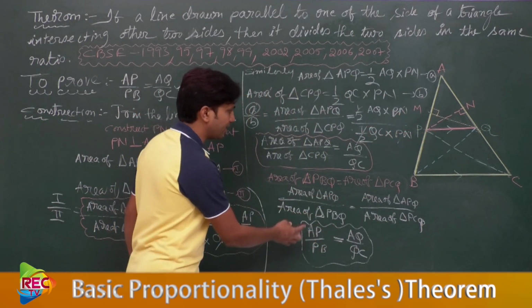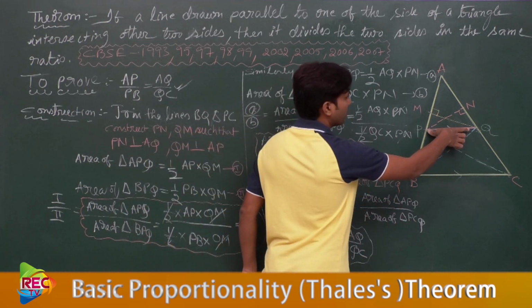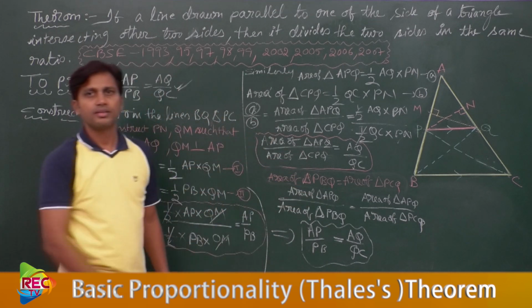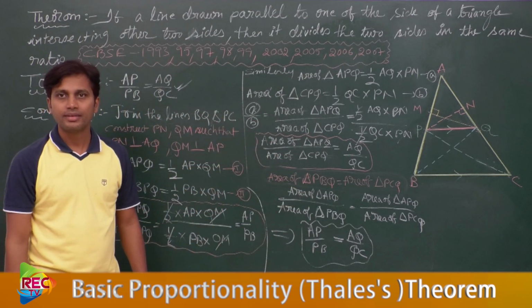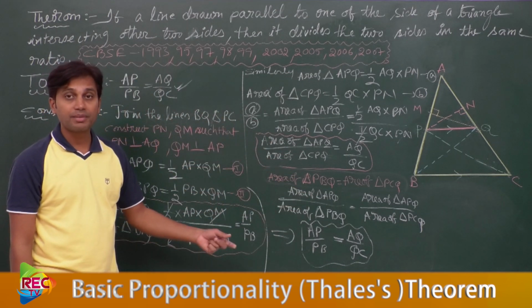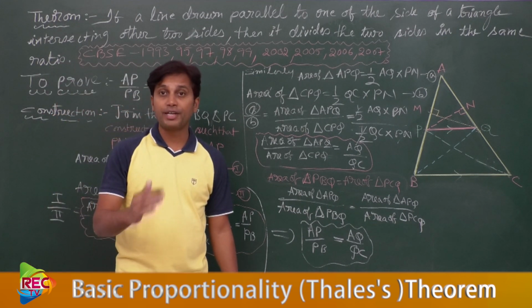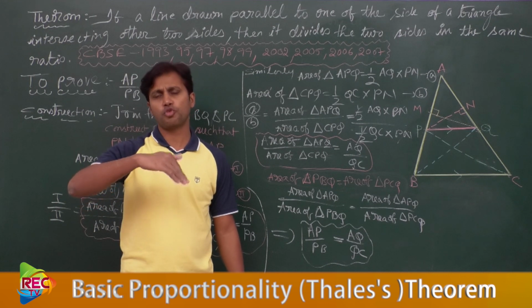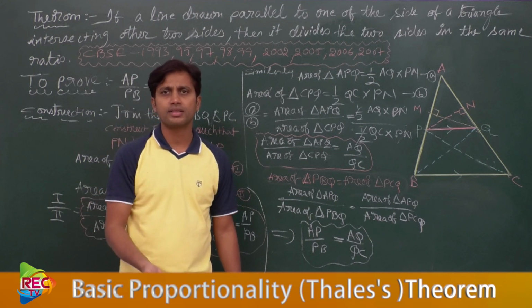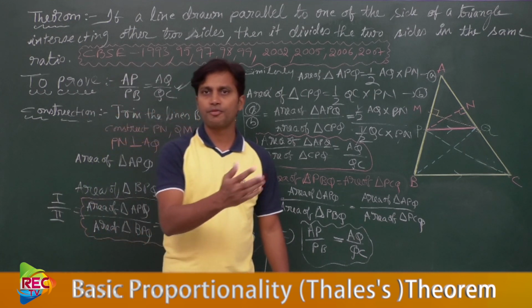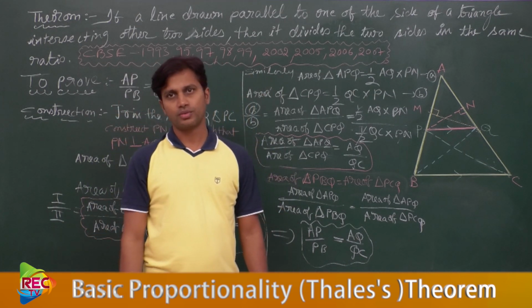See, proportionally it is dividing or not? This ratio is equal to this ratio we obtained. That means proportionally it is cutting. So this is called the basic proportionality theorem, which can be further applied for so many proofs and so many numericals. Those all are important related to the CBSE board exam of 10th standard or ICSE also.